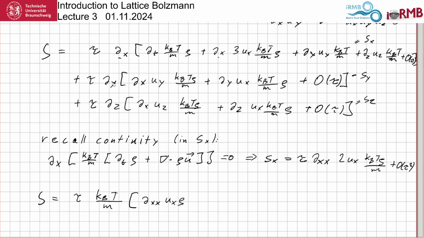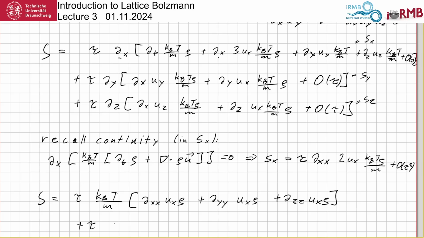Now I notice that there is a dy and a dy here, and a dz and a dz here. Because I want to arrange my writing like this, I write dyy ux rho, so that I have these terms all together. Now I have to write the rest of them.